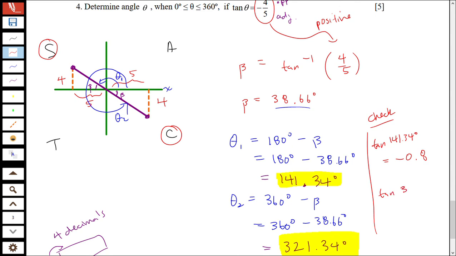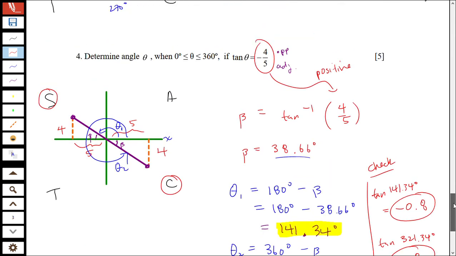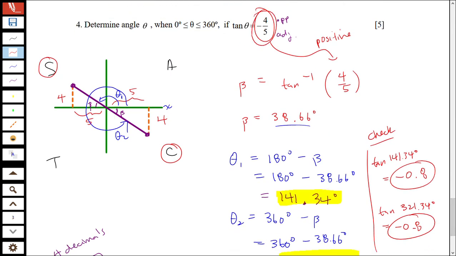So tan of 321.34. Now let me put this into the calculator. So if I do tan of 321.34, I get, again, -0.80000, and then some more numbers after. And let's see, is this equivalent to -4/5? Yes, it is, because if you convert this to decimals, you get -0.8.